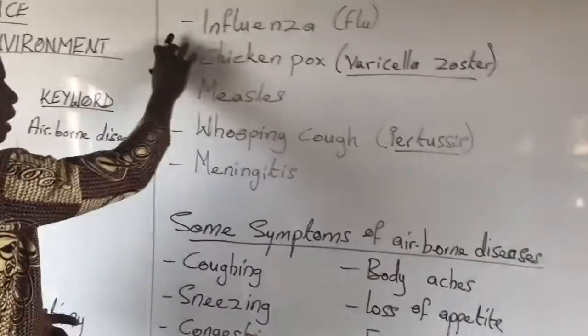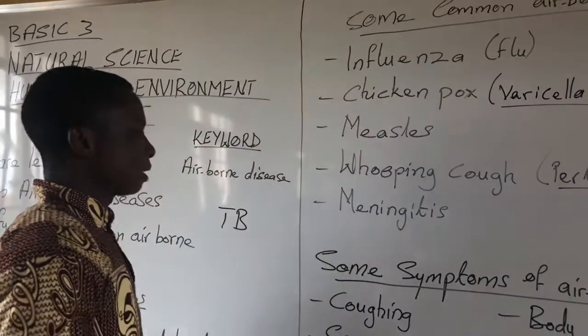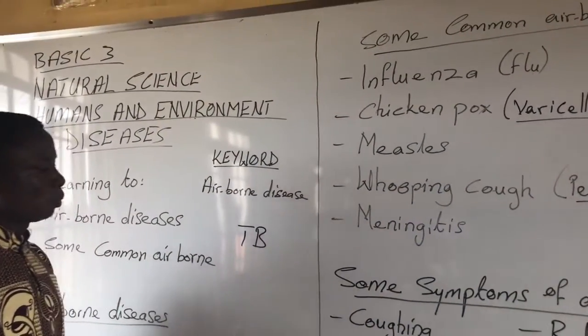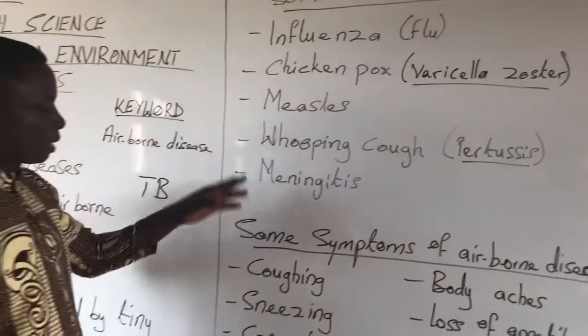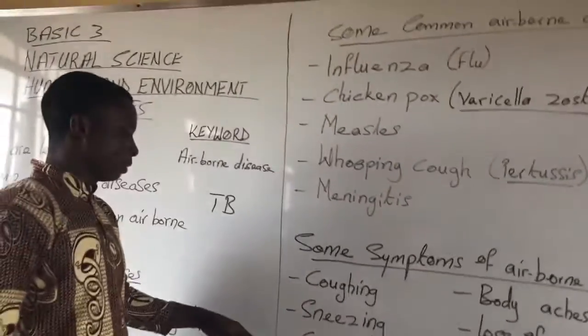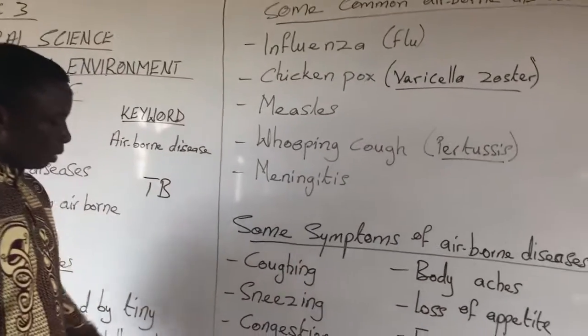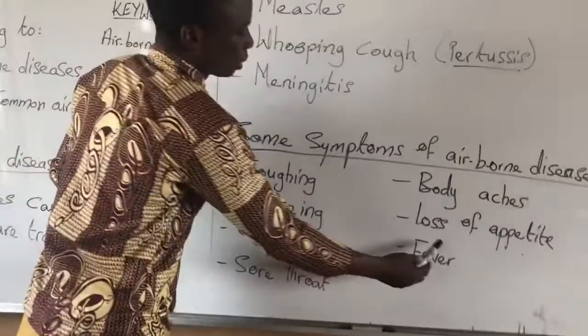When you catch any of these airborne diseases, what are the likely symptoms that will show up? Some of these diseases will show coughing, sneezing, congestion, sore throat, body aches, loss of appetite.